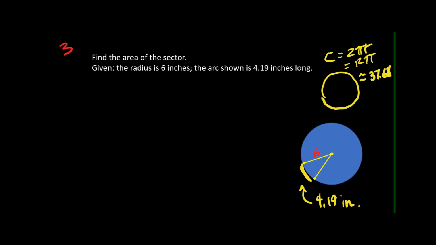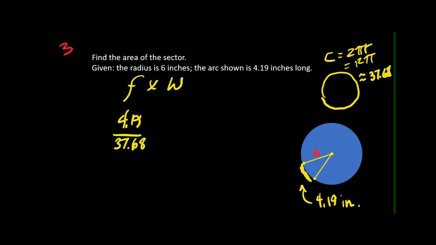So here we have, again, the same formula, not too creative there, fraction times a whole. And then the fraction is, well, what is it? It's this little piece, this little arc, 4.19, divided by the whole circumference, which is 37.68.